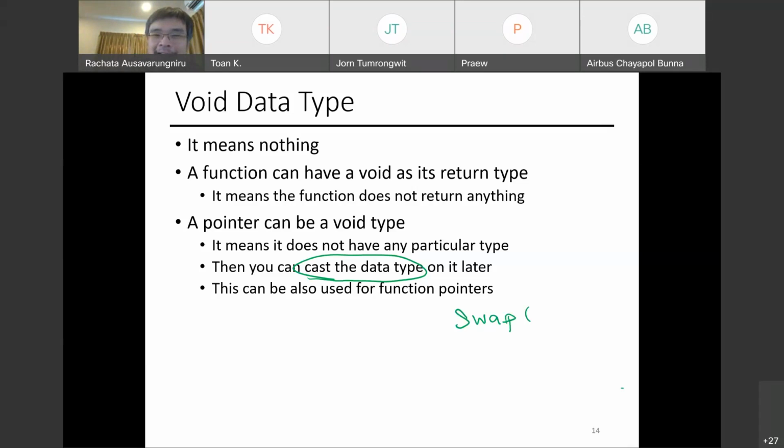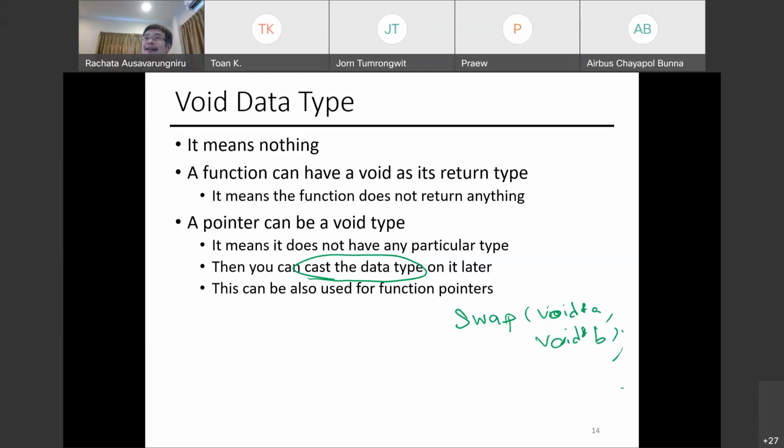So one thing I can do is I can use void, right? Void star A, void star B, right? And then I would just implement the function and swap the value of A and B. And then later on, I would cast them so that I know, okay, this is an integer, or this is a long, this is floating point, this is a character.